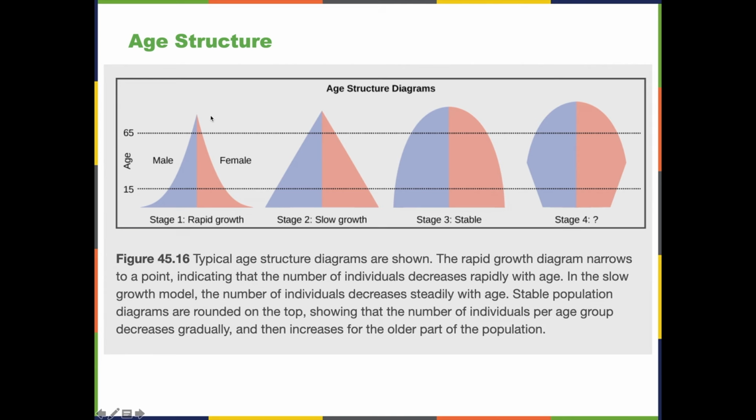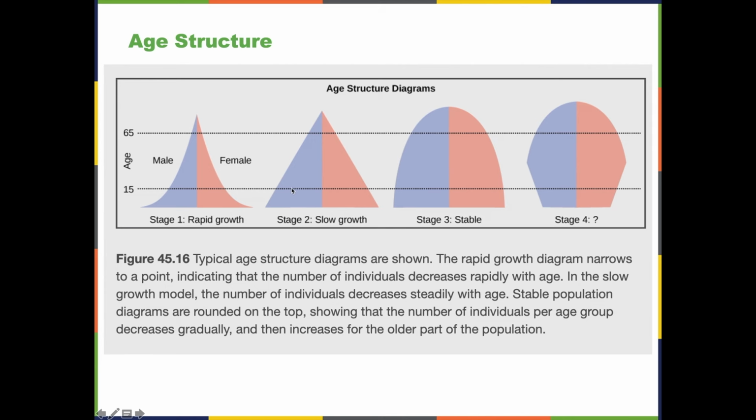Then if you can imagine that all of these graphs refer to, let's say, 100,000 people, then when you look at stage 2, which is a population experiencing slow growth, you can see that the proportion of people at different ages starts to change.